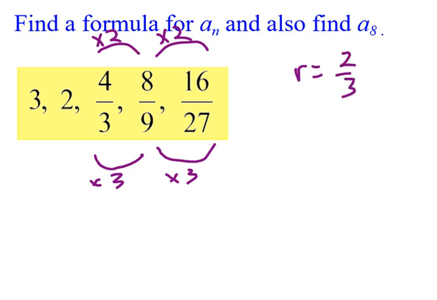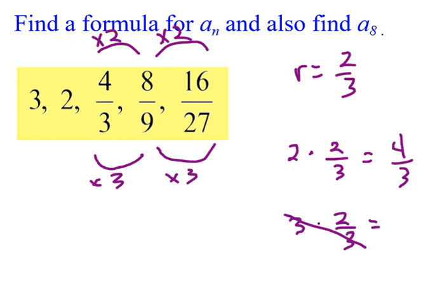Now, going backwards, does it make sense? If I start at 2 and multiply by 2/3, that would get me 4/3, so that sort of makes sense. And then if I had 3 and multiply by 2/3, this is where the trickiness shows up, I do end up at 2. So those initial numbers follow the pattern. They just weren't as easy to see.